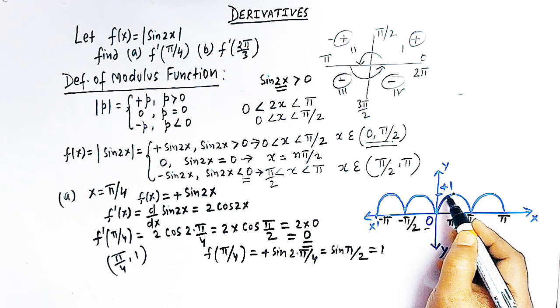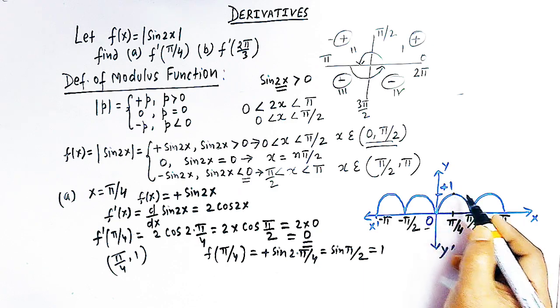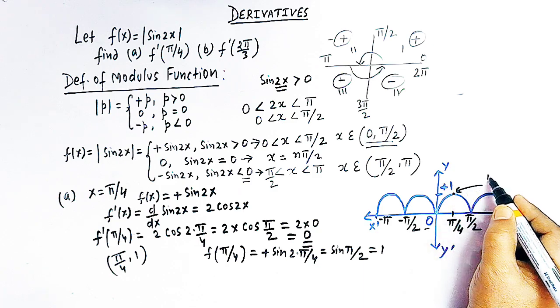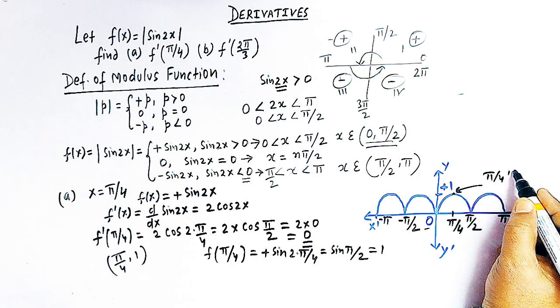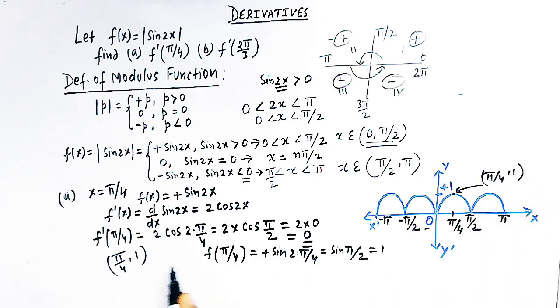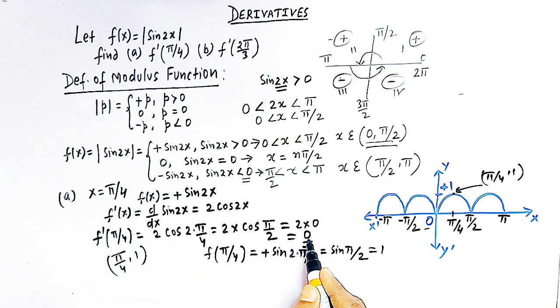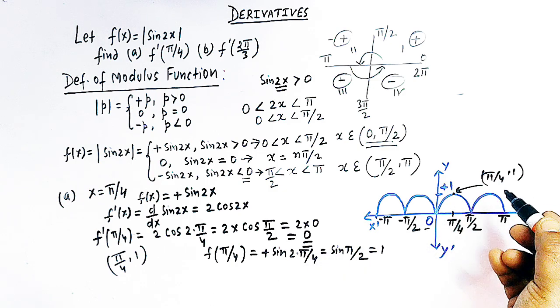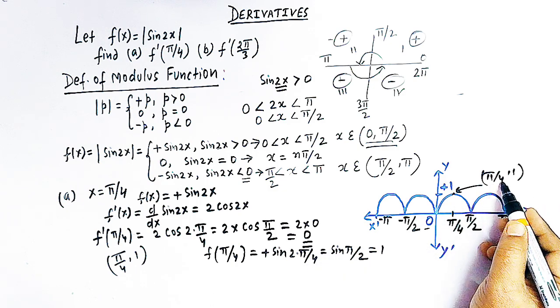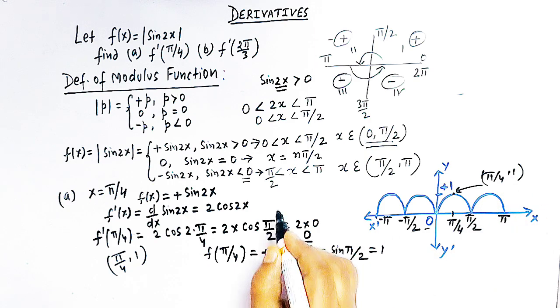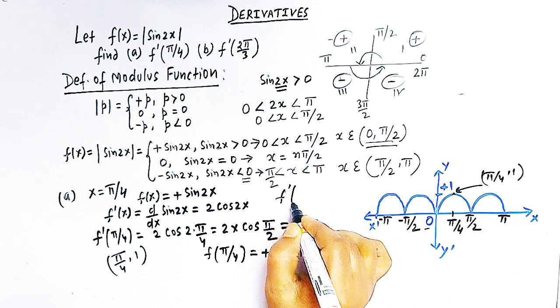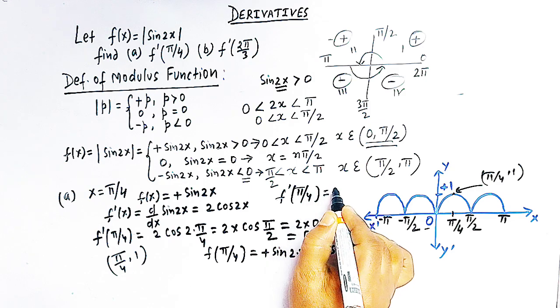Because the maximum value of sin 2x is positive 1. So this point is (π/4, 1), right? And here we have seen that at this point the derivative is equal to 0, and we know that the derivative represents the slope of the tangent at the particular point, and here the point is (π/4, 1), and the derivative is 0, that is f'(π/4) is equal to 0.